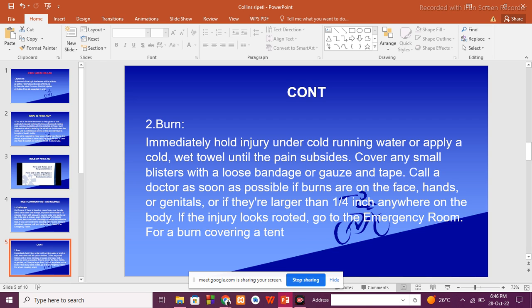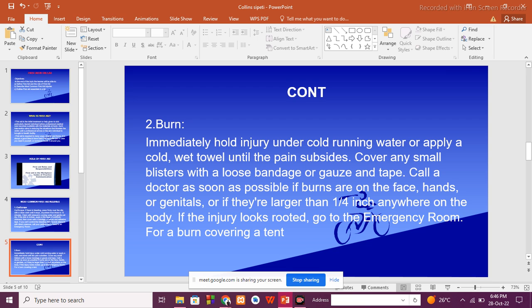Then there is also a burn. Number 2, immediately hold the injured part under cold running water or apply a cold wet towel until the pain subsides. Cover any small blisters with a loose bandage or gauze and tape.